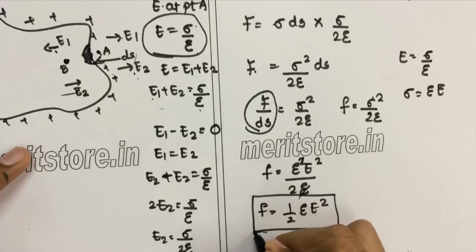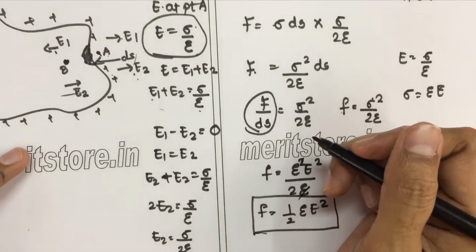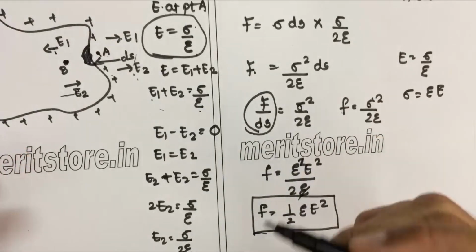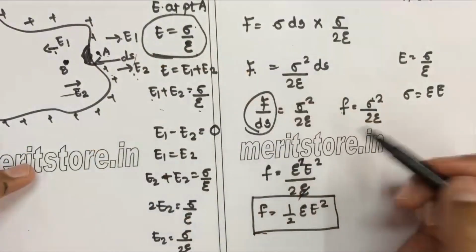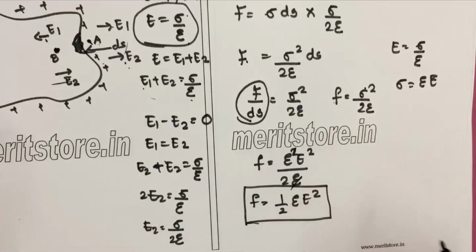This is the mechanical force per unit area exerted by a charged conductor, given by half epsilon E square.